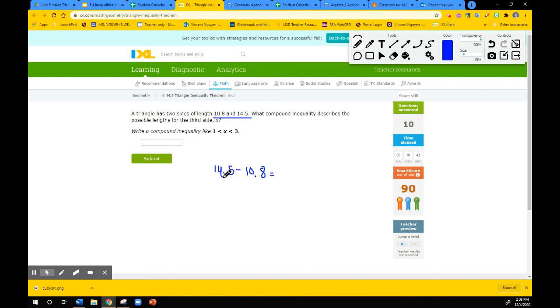So let's see how to subtract this. I carry over, so this is actually 10, so this is 7, and this is actually 11, so it'll be 3. 3.7 is my answer for this one.